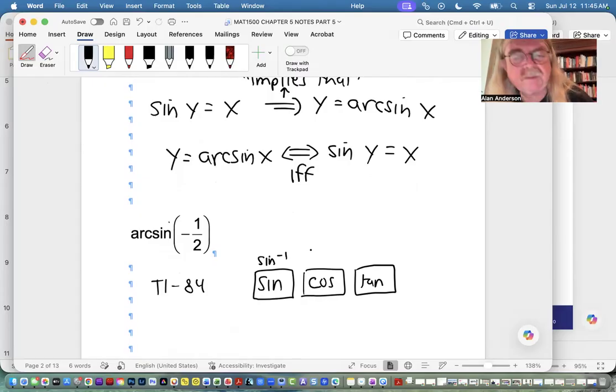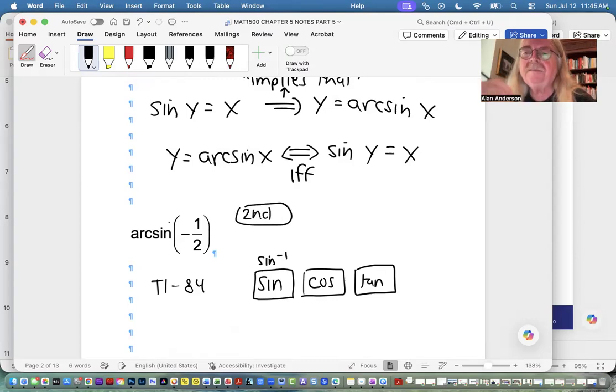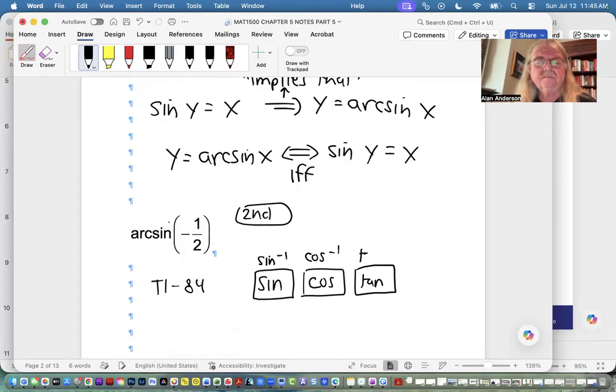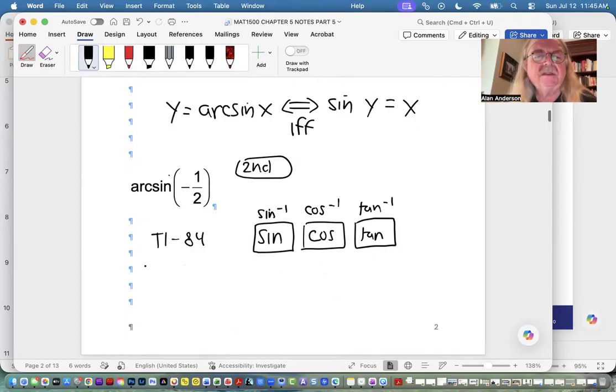This calculator has a second button in the upper left-hand corner, and the way you access these functions is to hit second and then that button. So here's what you would have to do: second, sine.